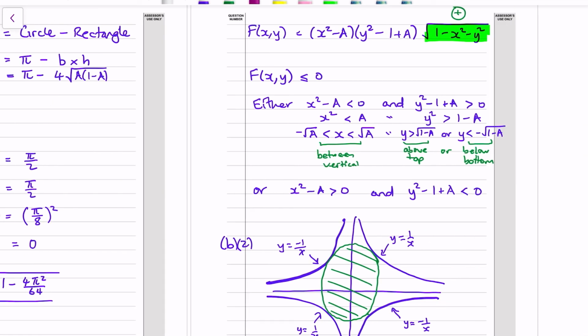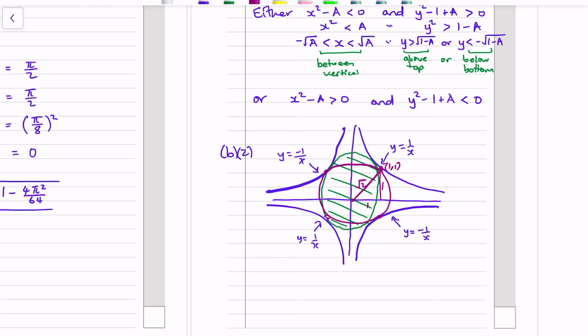If I consider a circle in there that's just touching there and there, I did a quick little bit of maths and I thought, okay, well this coordinate's 1, 1, so this will be root 2. The area of the circle is just going to be pi r squared, and the radius is root 2, so pi root 2 all squared is 2 pi, and I was like, okay, this is the biggest.